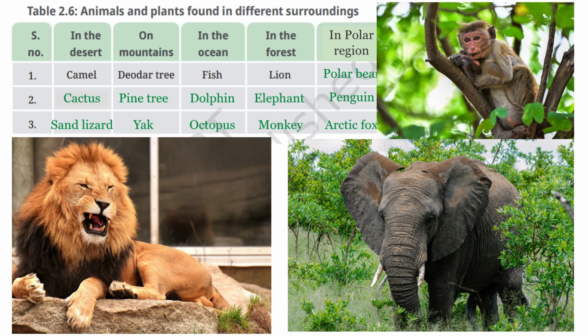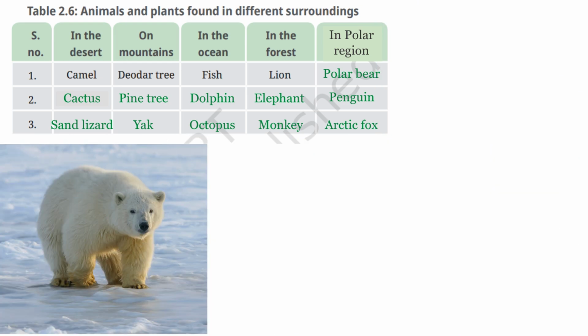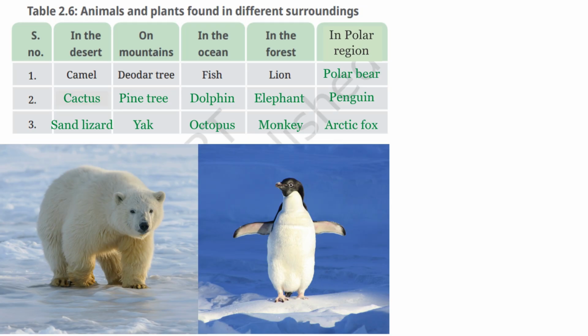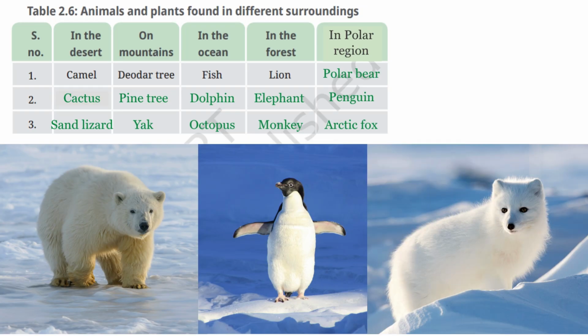Monkeys live on trees and use their tails and limbs to swing and jump. While in the polar region, polar bears have thick fur and fat to survive in freezing temperatures. Penguins are good swimmers and live in icy areas. Arctic fox has white fur to camouflage in the snow.